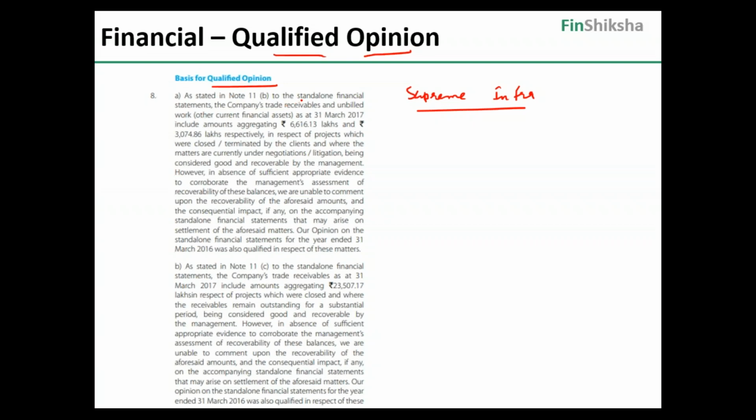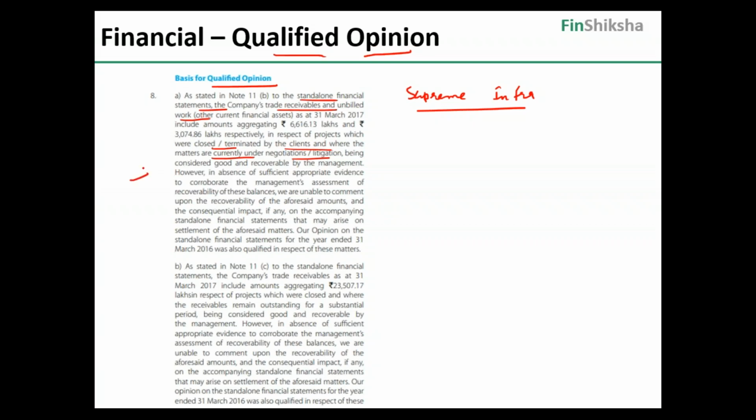It shows that in the standalone financial statements, the company's trade receivables and unbilled work worth so and so amount were closed, terminated, where the matters are currently under negotiation. They said that they will recover, but they could not find any justification from where it will be recovered.